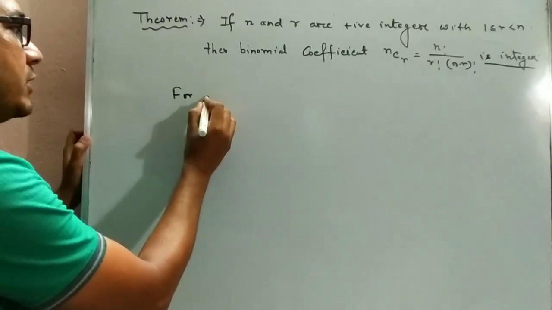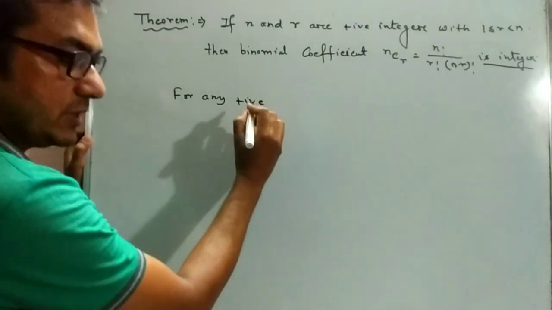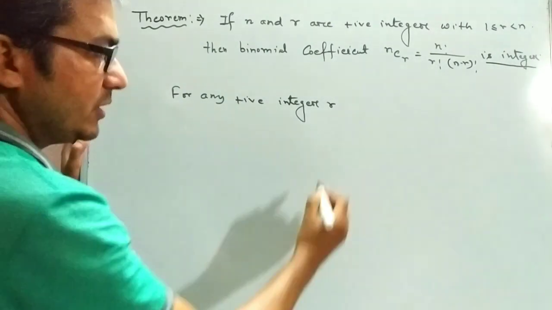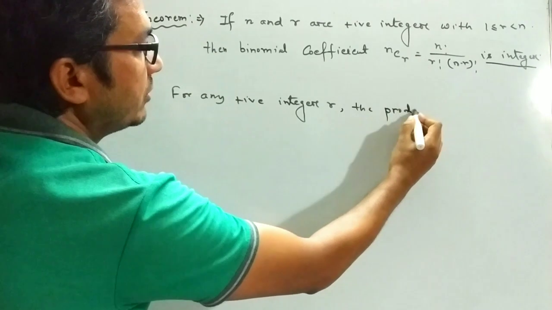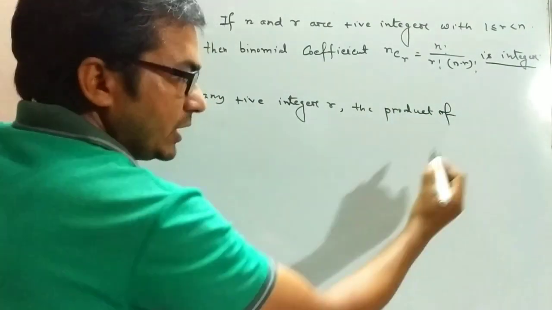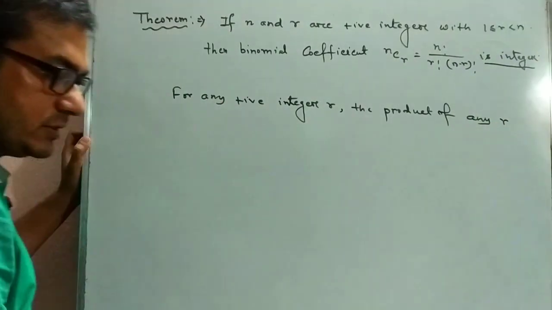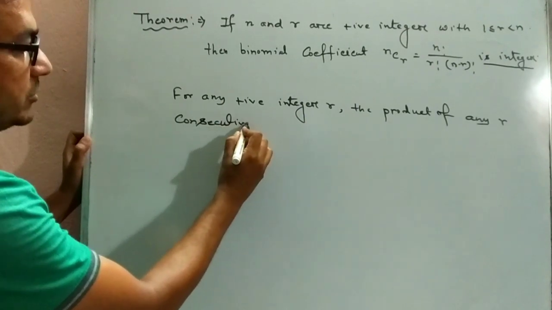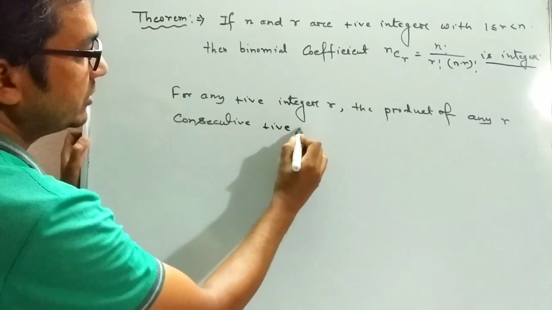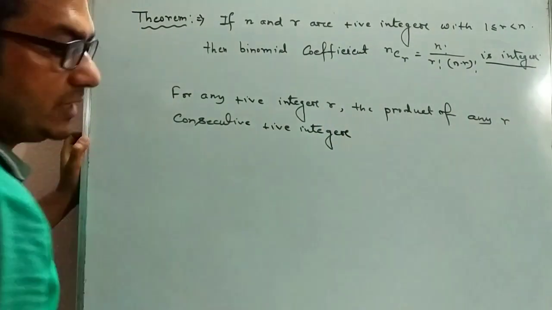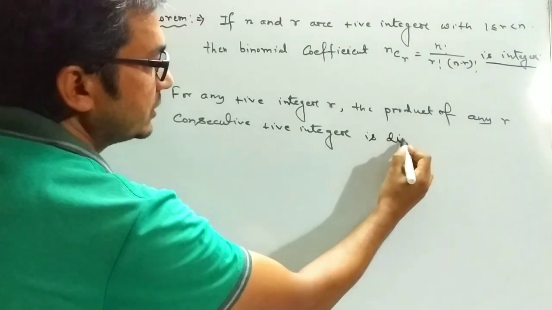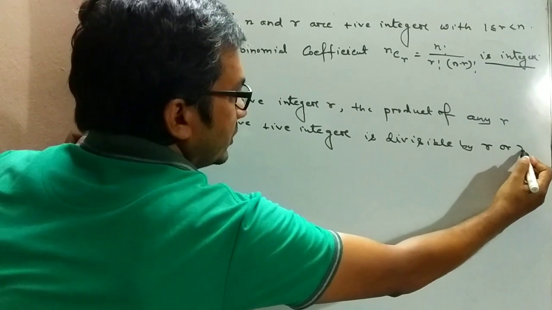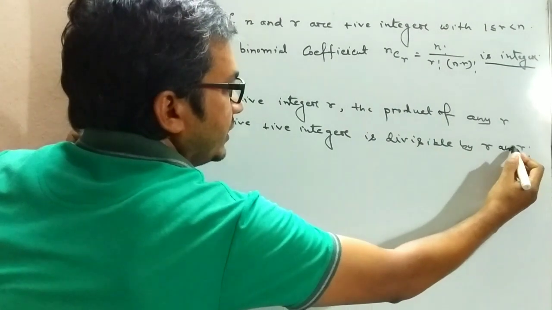For any positive integer r, the product of any r consecutive positive integers is divisible by r, or r factorial.